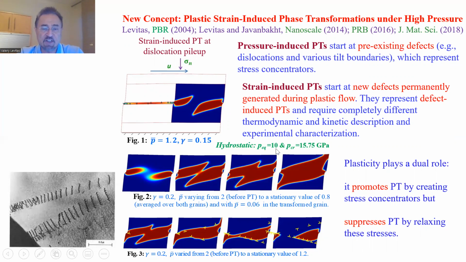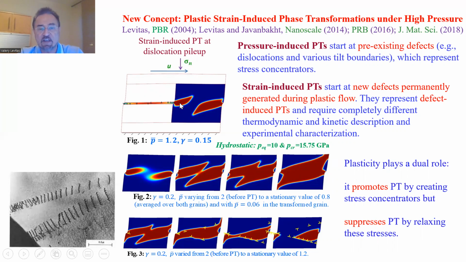And we consider a material under hydrostatic pressure. The phase transition pressure, the equilibrium pressure, is 10 GPa. With one dislocation, the material transforms at 16 GPa. Then we consider a bicrystal under compression and shear, where dislocations nucleate and pile up against a grain boundary. And here at the tip, they produce a strong stress concentrator of all components of the stress tensor, proportional to the number of dislocations.